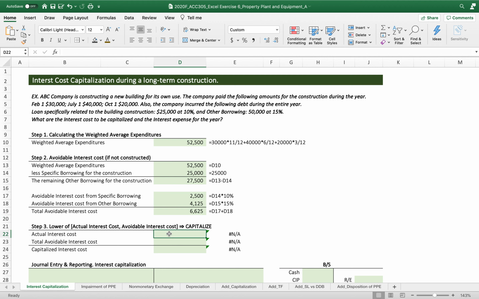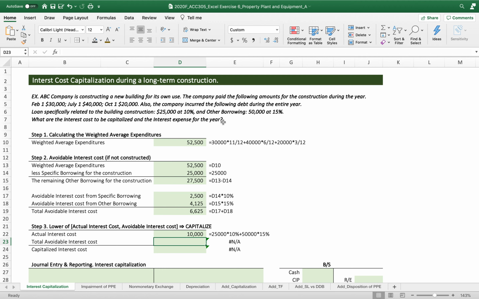Now, let's calculate the actual interest cost to compare with the total avoidable interest cost to determine which one is lower to capitalize. Here, 25,000 was the specific borrowing total amount. The company should pay interest on this $25,000 at 10%, plus the other borrowing $50,000 times 15%. So this $10,000 is the actual interest cost the company should pay for the entire year, because the company incurred the debt during the entire year.